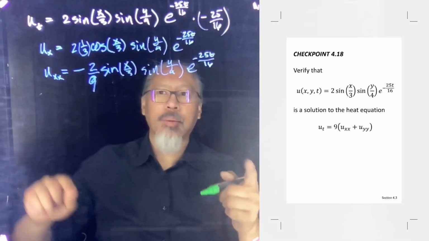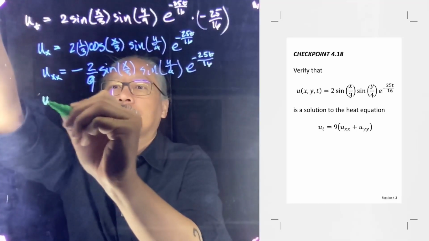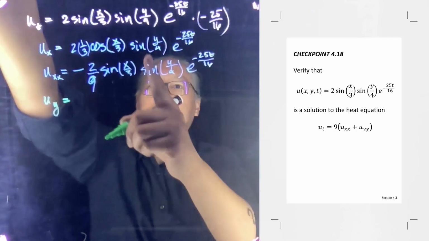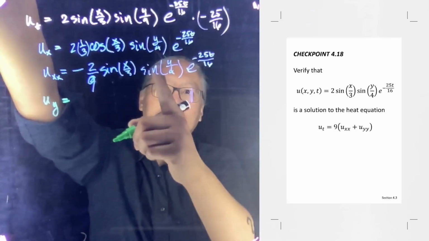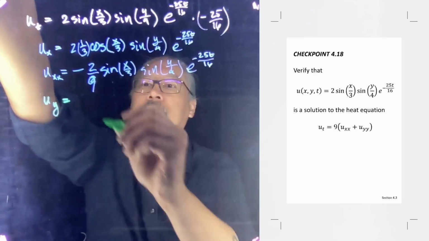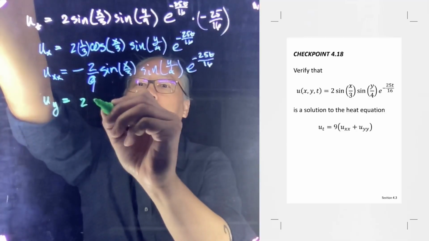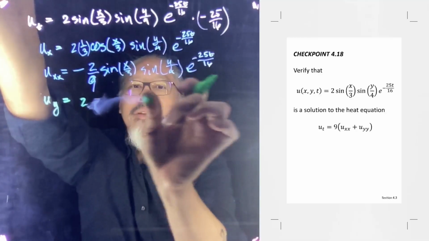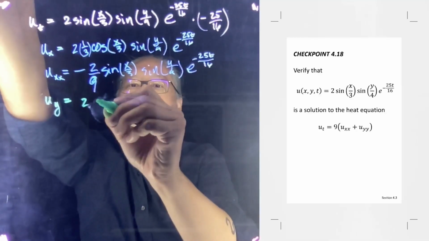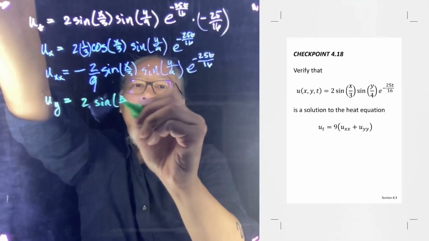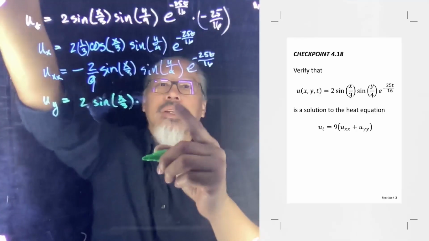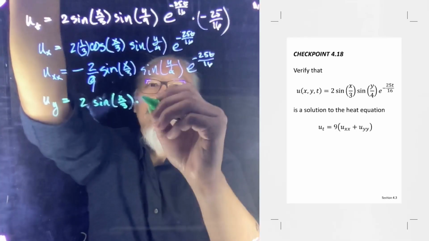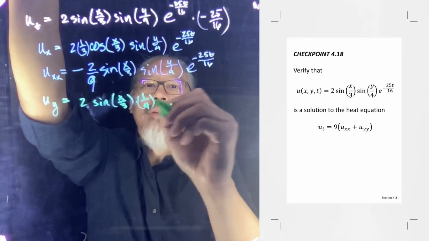Now let's get u_yy. First we need to get u sub y going, and we're going to do essentially the same thing, except we're taking the derivative of the sine y over 4 factor. So we'll have 2 times the sine of x over 3, and now let's leave a space to take the derivative of the sine y over 4, and that'll give us an extra 1/4.